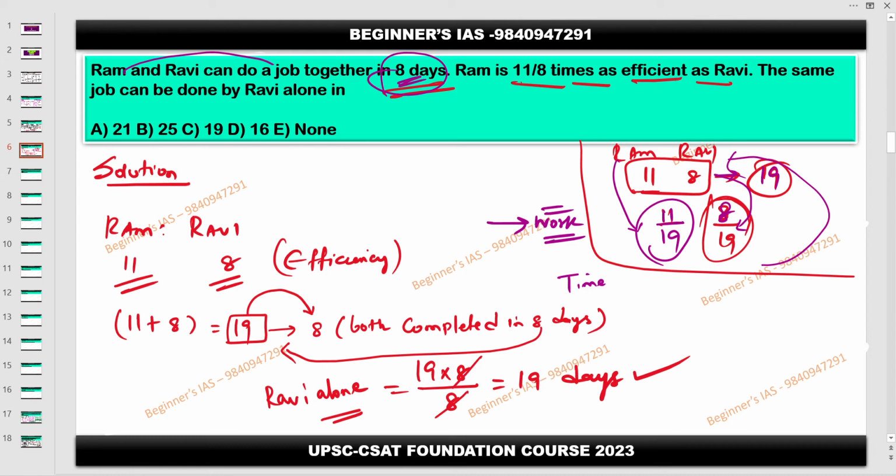So Ravi is working 8 days and Ram is also working 8 days. To calculate Ravi's work alone, take 19 by 8 into that number of days. Therefore 8 gets cancelled and you get 19 days. If you want to identify Ram's, then it is 19 into 8 by 11. Simple. That is going to be Ram's. Yes, got it. Done.